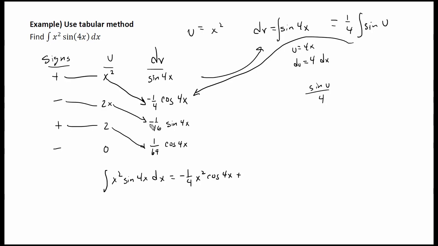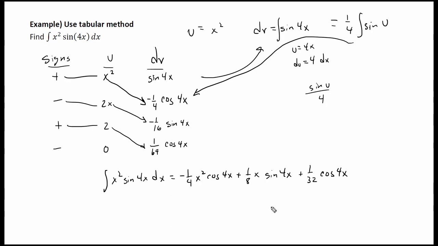It should be 8 in the bottom: 1/16 times 2 is 1/8. So 1/8 x sine of 4x. Now I go to the next one, it's still a positive. That's 2 over 64, so that's plus 1/32 cosine of 4x.